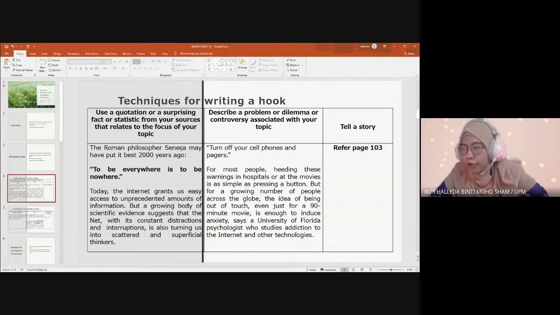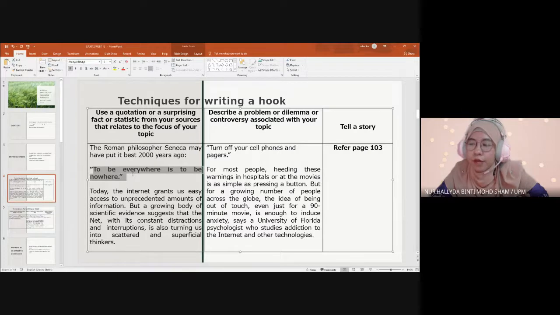You might think, well, that's a very old quotation. It was said 2000 years ago by a Roman philosopher, Seneca. And what's the quote? To be everywhere is to be nowhere. This is his quote from 2000 years ago.